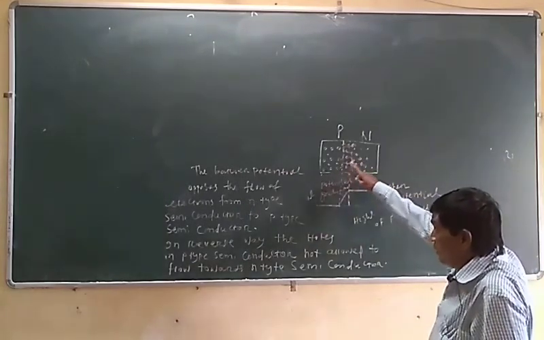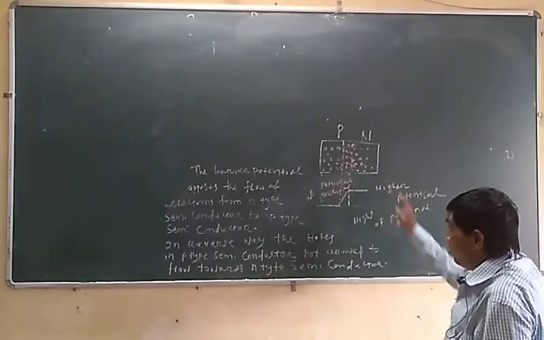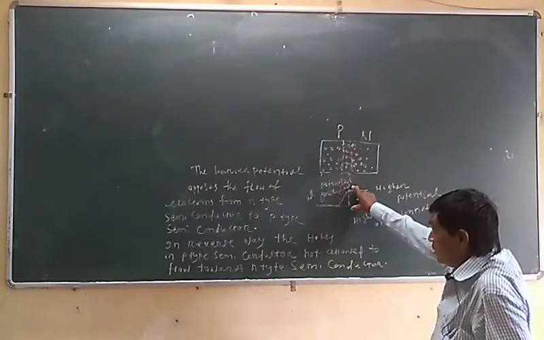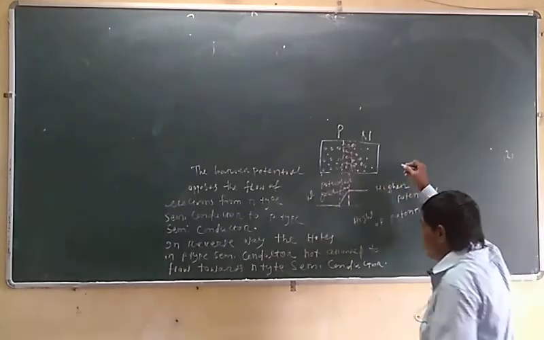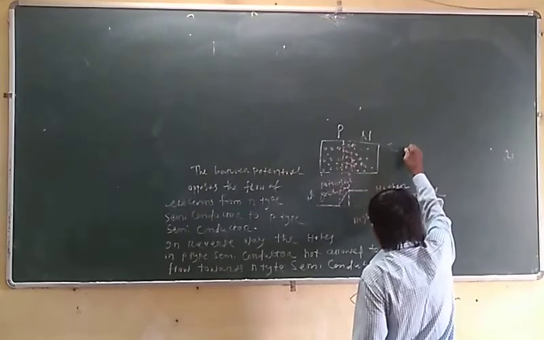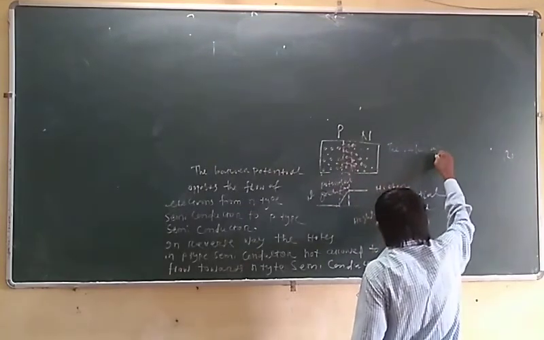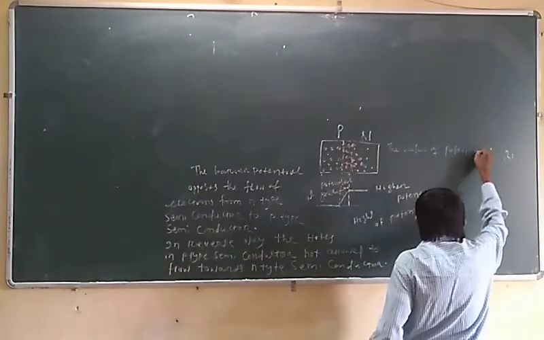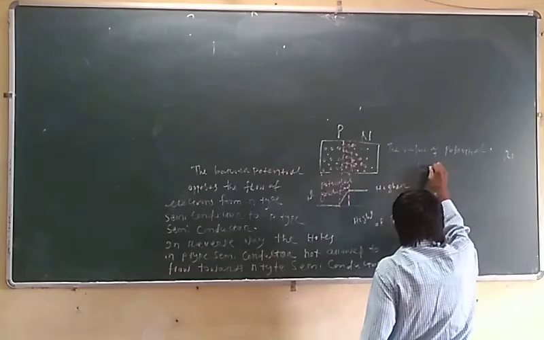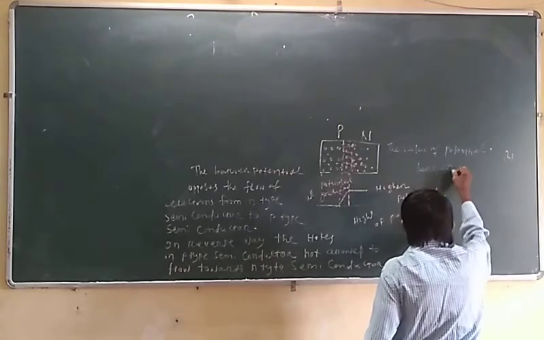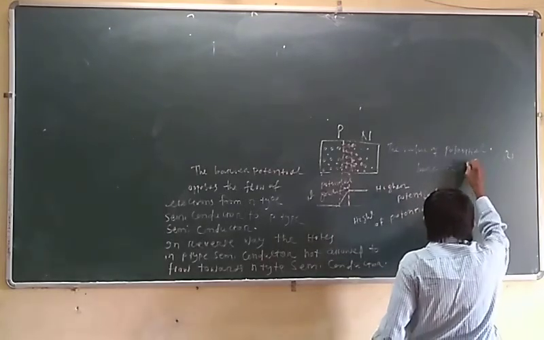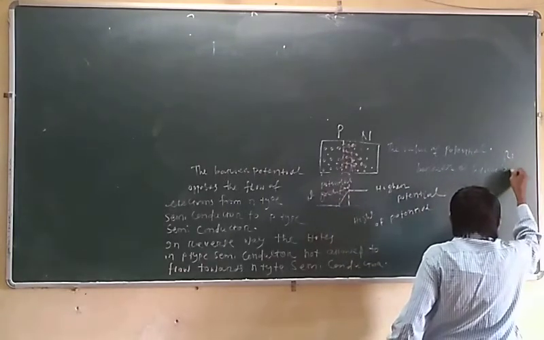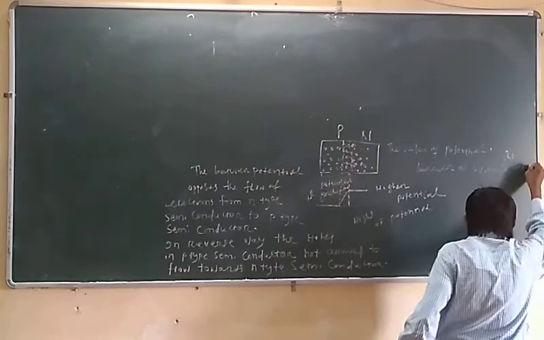So when p and n material combine, they form a potential barrier. The value of the potential barrier of silicon is 0.7 volt.